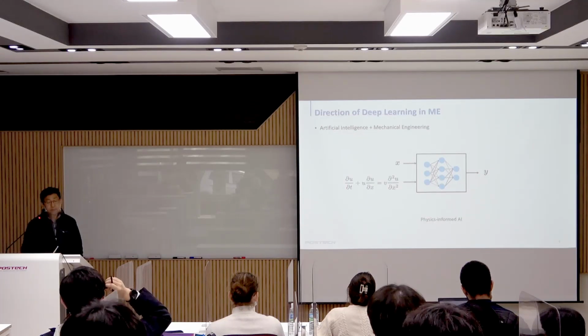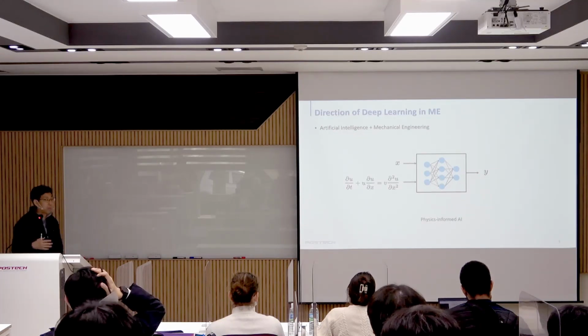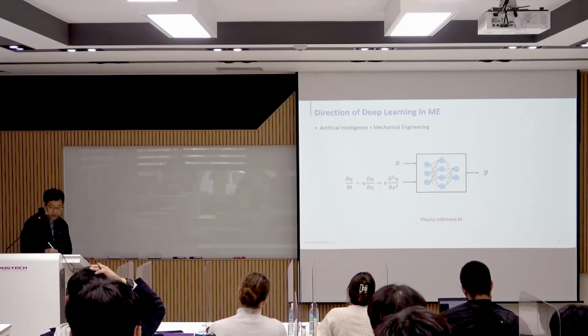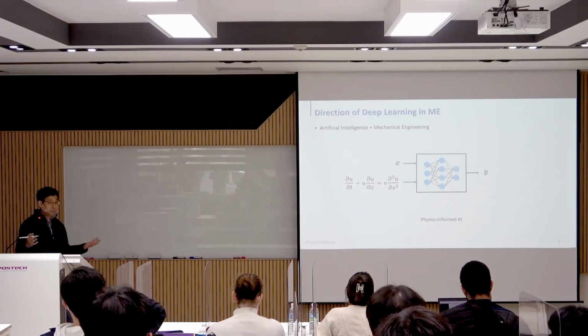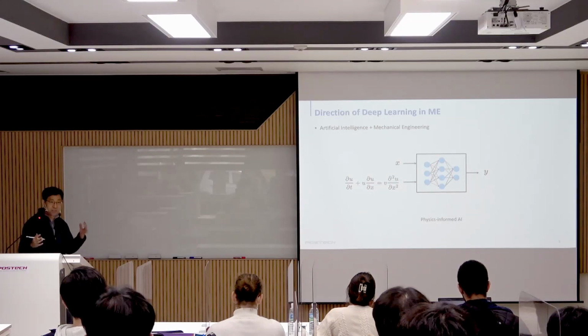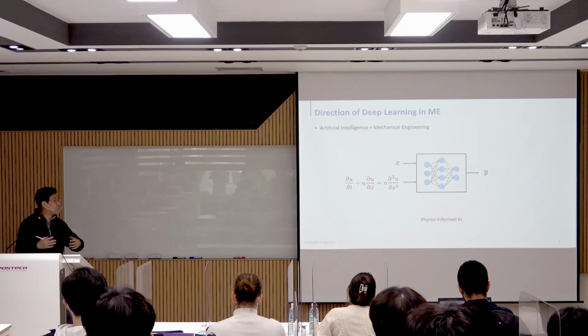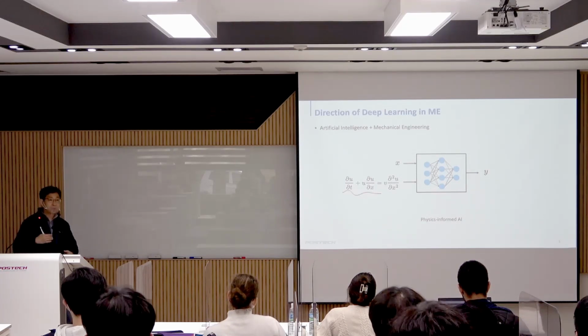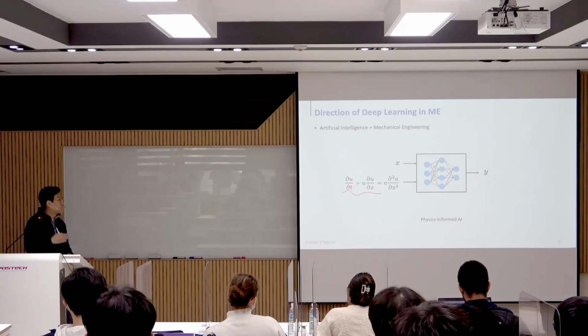What if we do have some knowledge of the system? In many cases in dynamical systems, the knowledge of dynamics or physics is expressed by partial differential equations. This is one example.